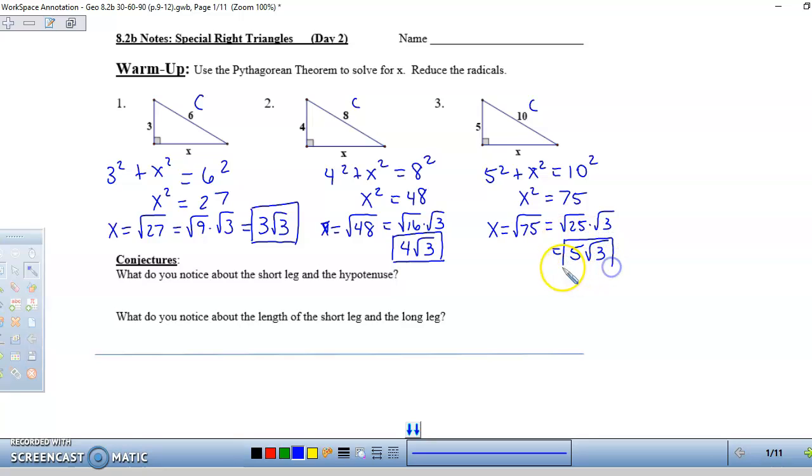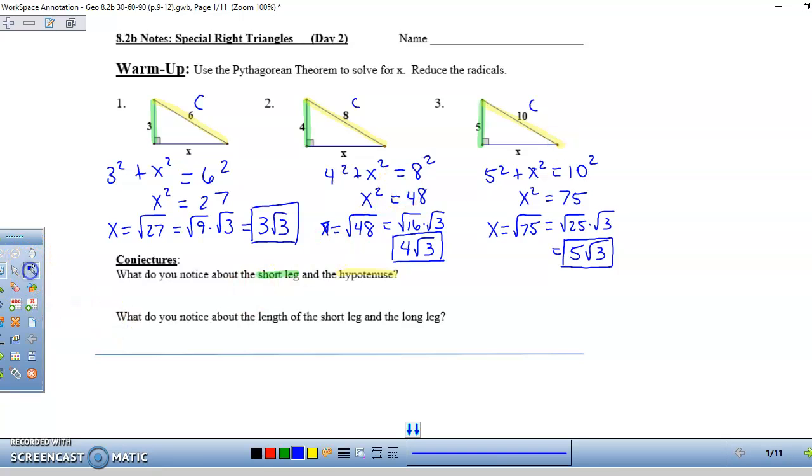Now there's some patterns going on here with these numbers and the lengths on the triangles. So things to look at here, the short leg on all of these is this side. So that short leg has a relationship to the hypotenuse. And the hypotenuse is this guy on all of these.